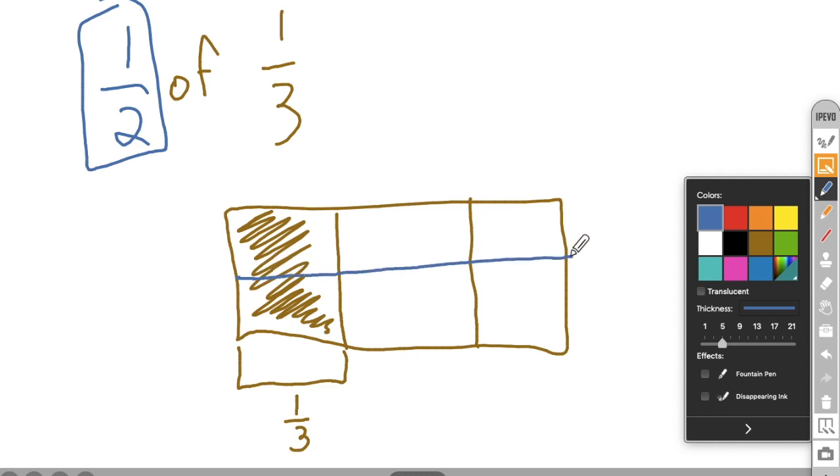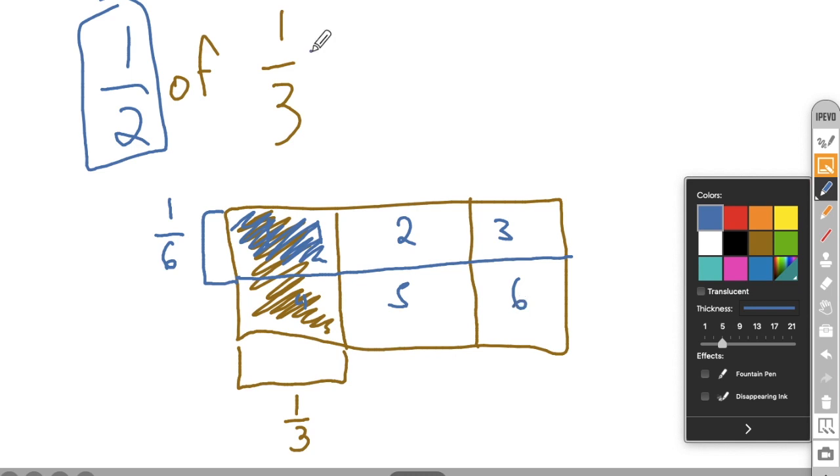Now it's asking how much is 1 out of this entire tape diagram or area model. Well, if you take a look at it, it's worth just 1 out of 6 total. If you're wondering where the 6 came from, we have exactly 1, 2, 3, 4, 5, and 6 total pieces, okay?